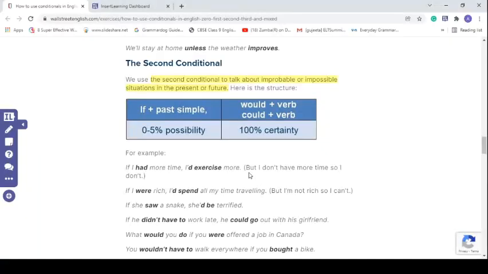This is an impossible situation because I don't have the time. If I were rich, I would spend all my time traveling, but I'm not rich, so I can't. So the conditional part is in the simple past and the consequent part is in would plus verb or could plus verb.